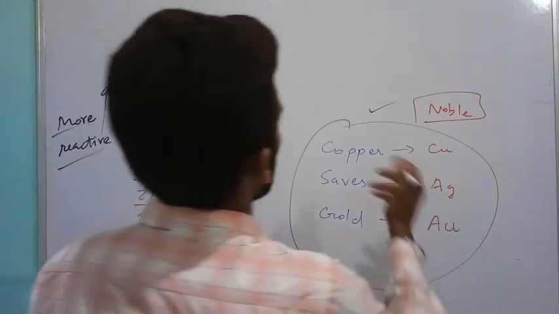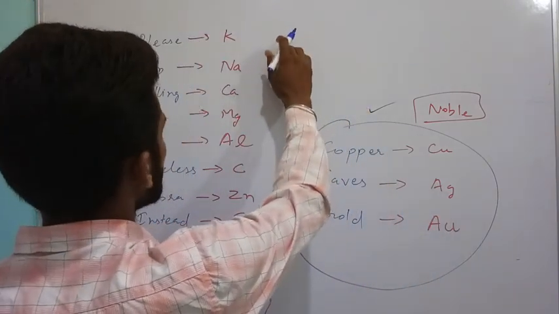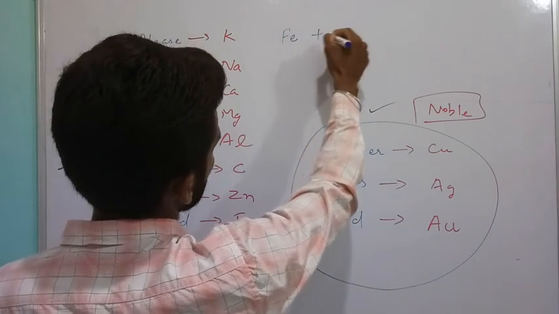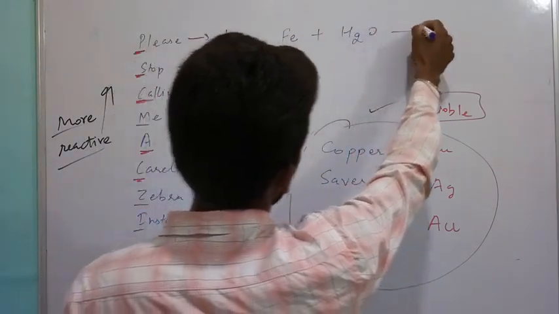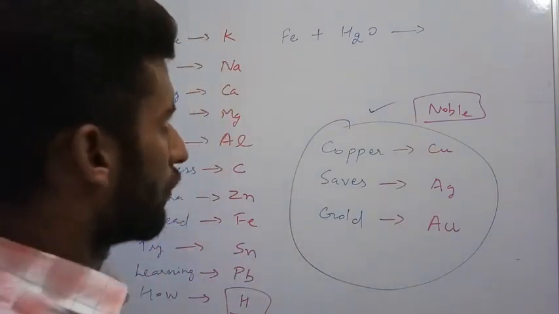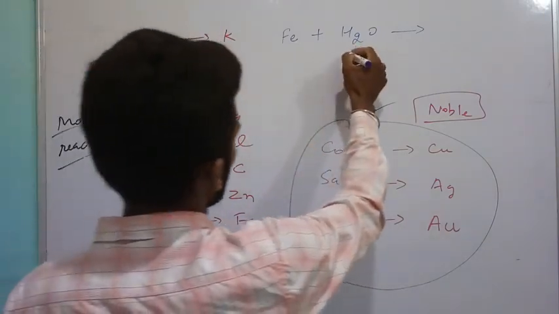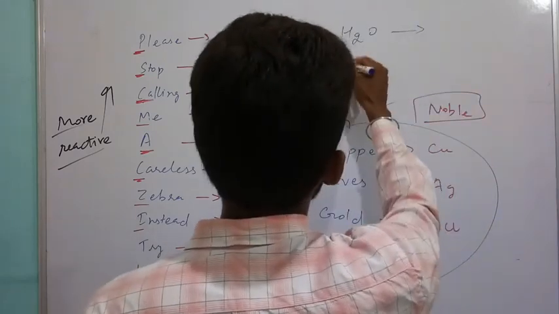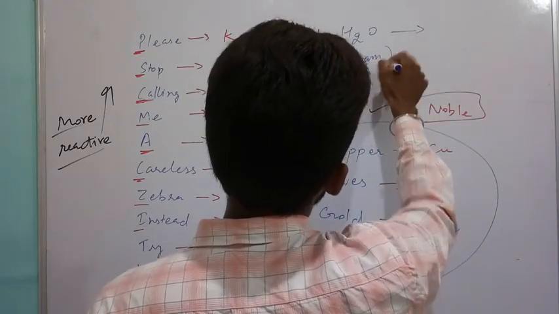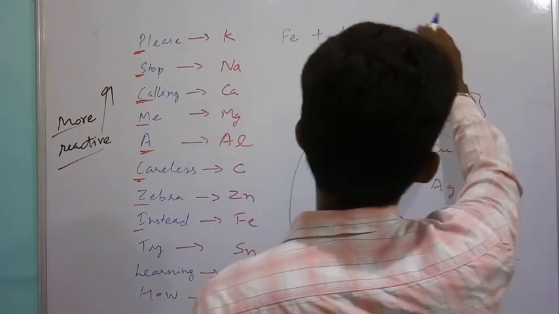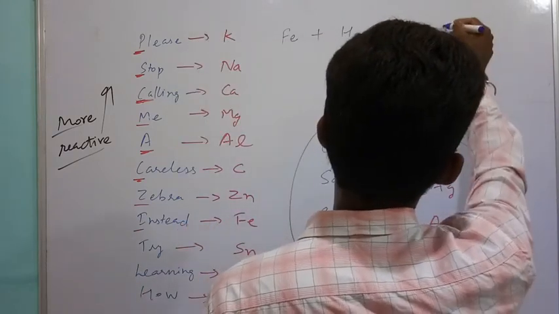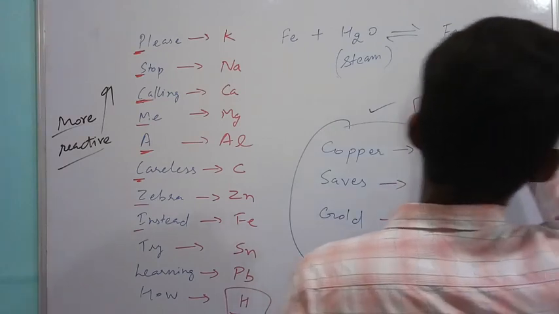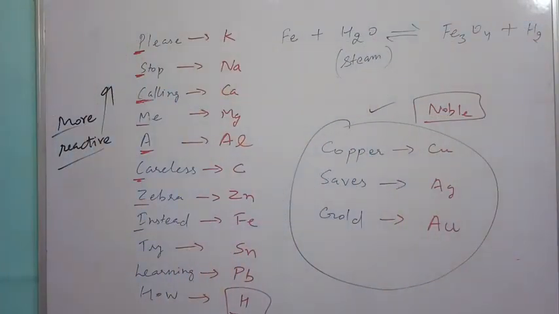We were discussing the reaction of metals with water in order to liberate hydrogen. After that, the next one is the reactivity of iron with water. The reaction of iron with simple water does not occur. With normal cold water it doesn't occur, but when water is boiled and steam is formed, a reversible reaction occurs which leads to the formation of hydrogen along with the oxide of iron, which we call triferric tetraoxide.